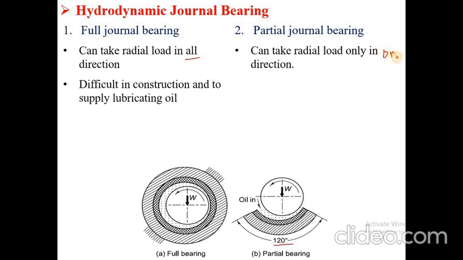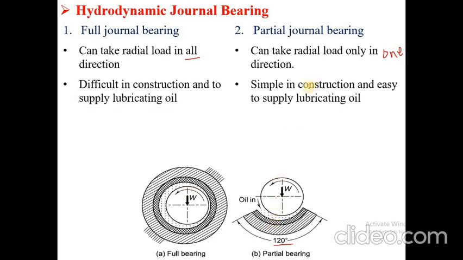Then full bearing is difficult in construction and also it is difficult to supply the lubricating oil. Whereas in case of partial journal bearing, construction is simple and easy supply of lubricating oil is possible.